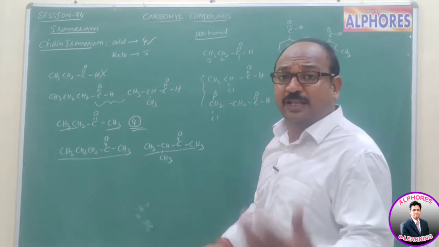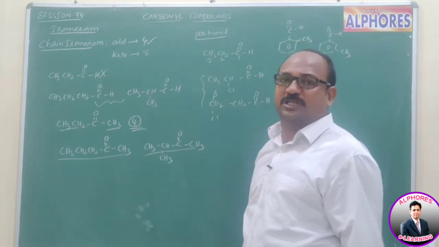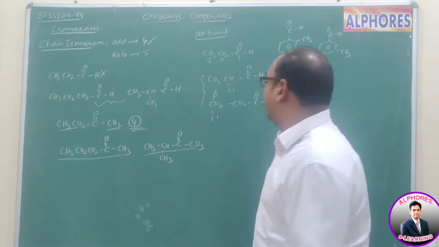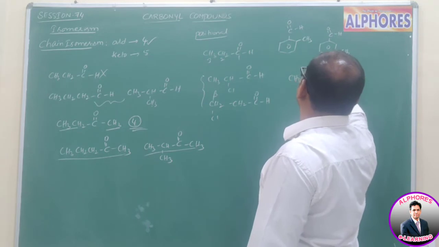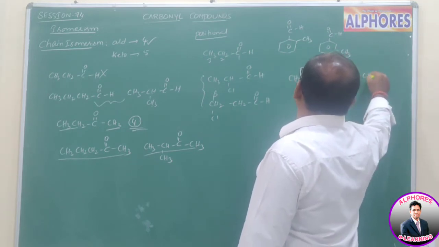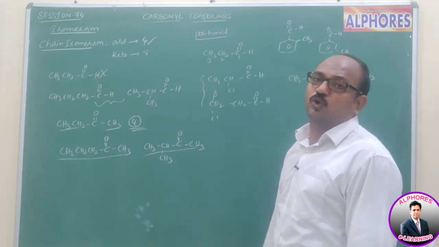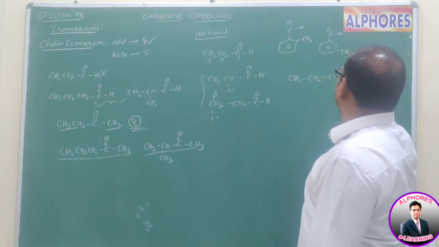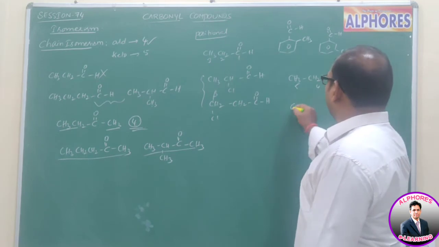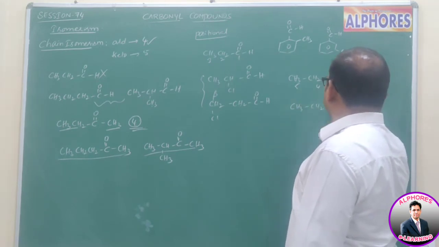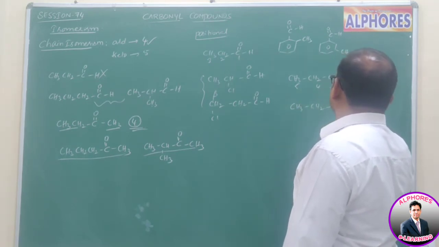Then what are you expecting for ketones? Yes, ketones exhibit positional isomers with respect to the C double bond O. In general, we are going to say CH3, CH2, CH2, C double bond O, CH3. This is what we call 2-pentanone, numbered 1, 2, 3, 4, 5. One more we can write is CH3, CH2, C double bond O, CH2, CH3.